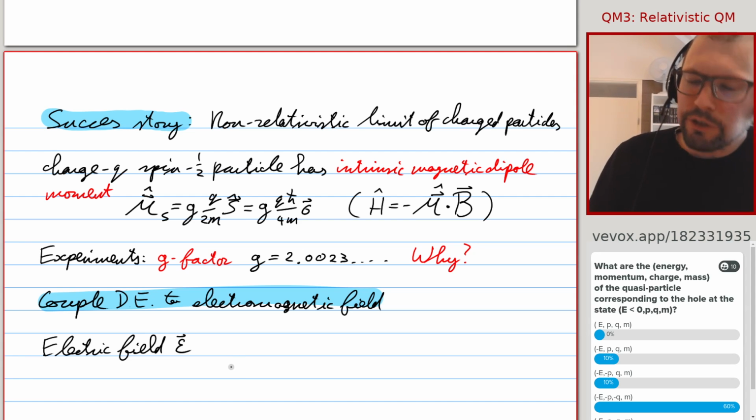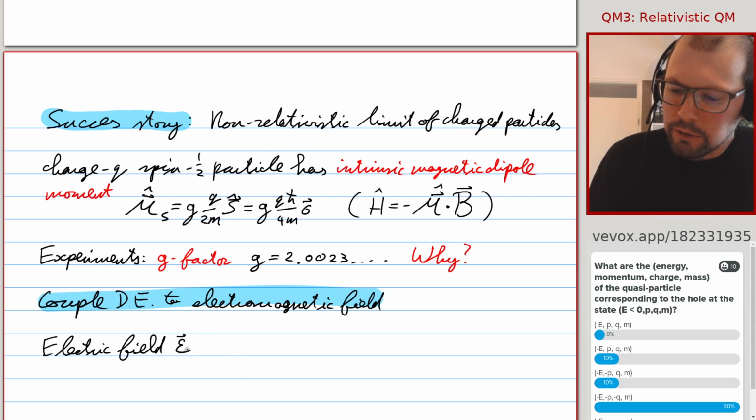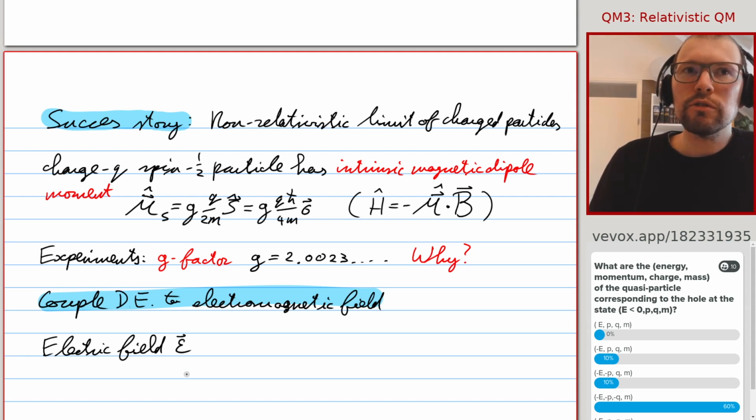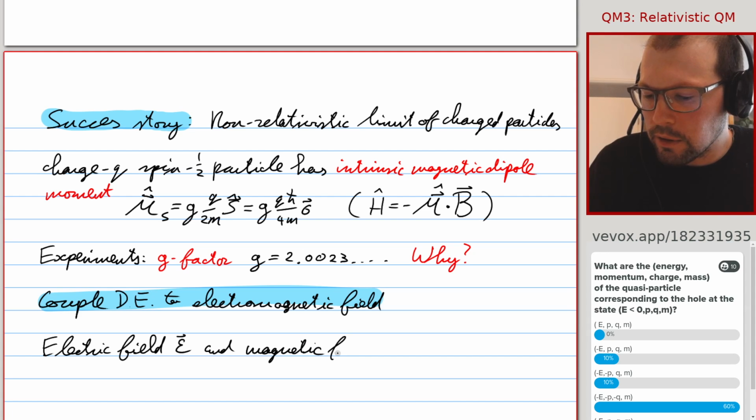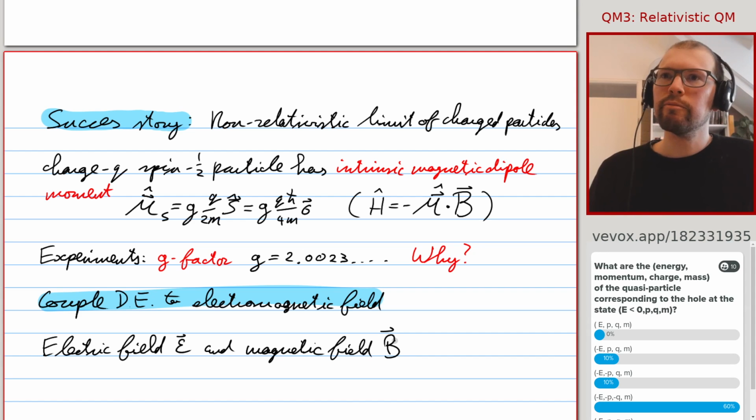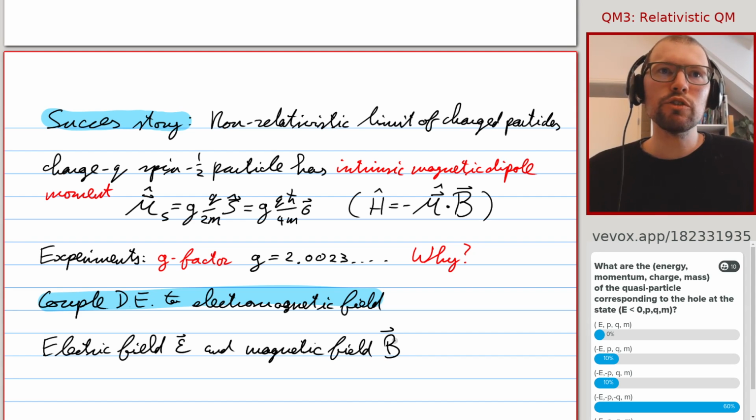So let's denote the electric field by curly E, so we use a curly E to have no confusion with the energy. The magnetic field, curly B. And it will be convenient to express them in terms of the scalar potential and the vector potential.